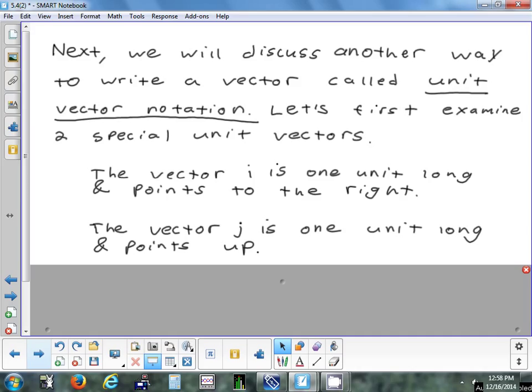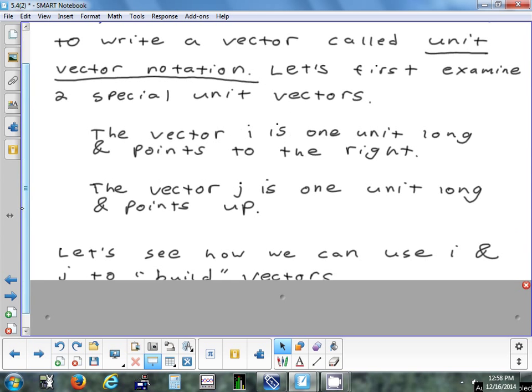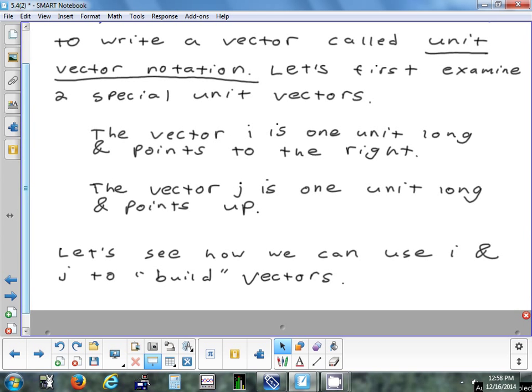So i is a unit vector that points 1 unit right. j is a unit vector that points 1 unit up. And the idea is basically you can build any vector that you want by stacking together these i's and j's. Okay, you might need a certain amount of i's and a certain amount of j's, but I'll show you how to do it. Okay, stack them together and create a vector.